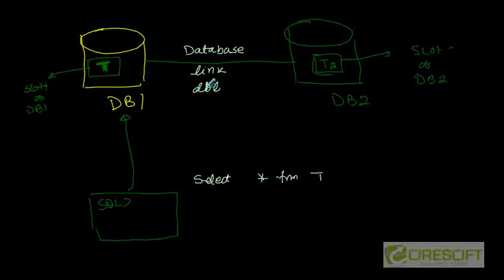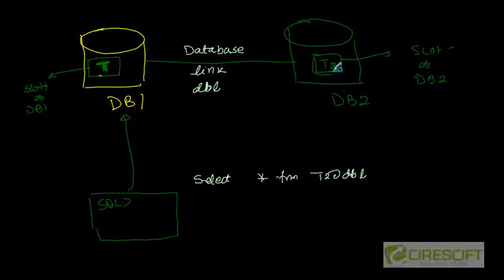If I do select star from T, I'll get the data from the table T in the local database. If I do select star from T@dbl, sorry, T2, then I'm going to get data from the remote database.